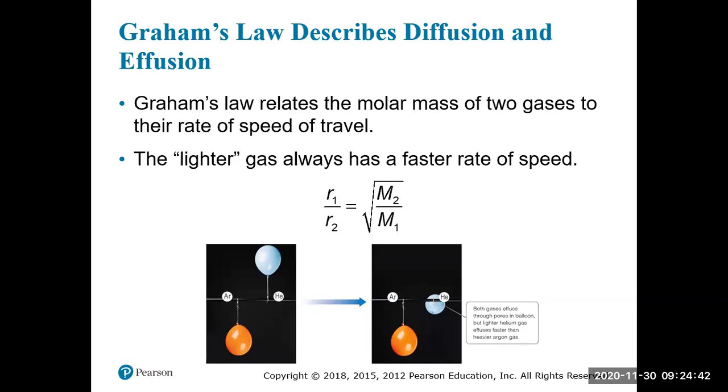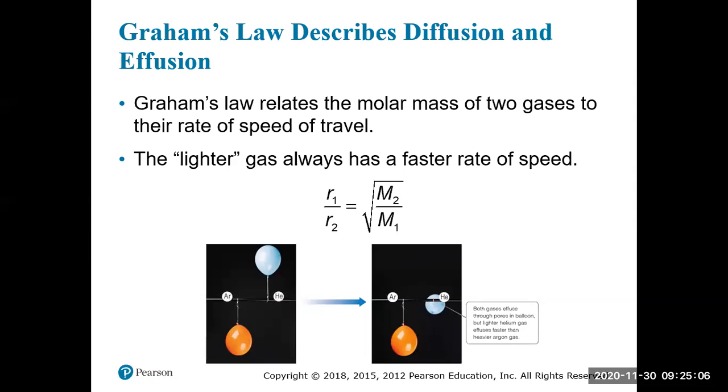Something called Graham's law describes how gases do this from a mathematical perspective. It relates the molar masses of the two gases to their rate of speed of travel. So a lighter gas always has a faster rate of speed. Remember, we talked about that just a few moments ago.